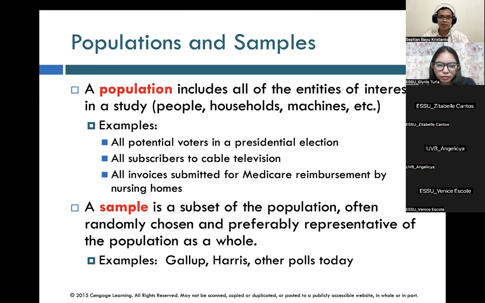We talk about samples because we cannot analyze all of the population. For example, if you want to check the trends or interests of people in the whole Philippines, you cannot do that because there are too many people to take data from. So you need to create subsamples, or micro samples, of your population.